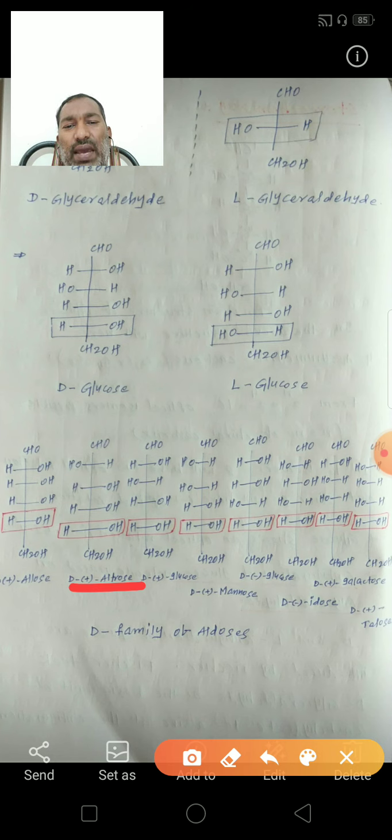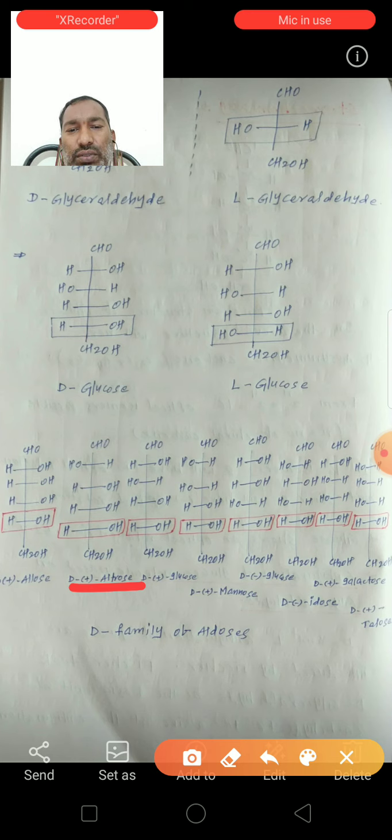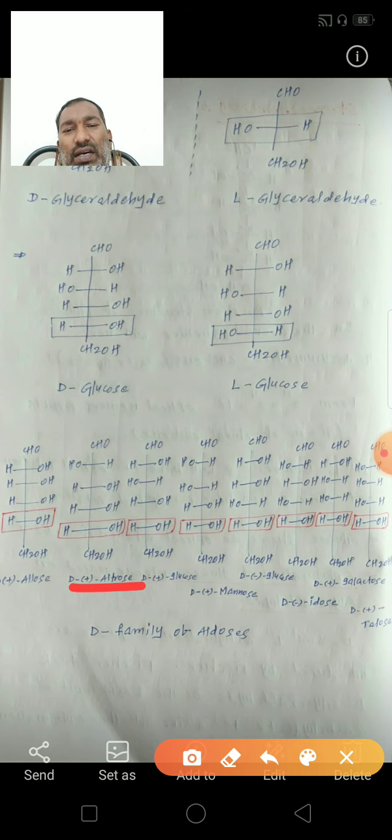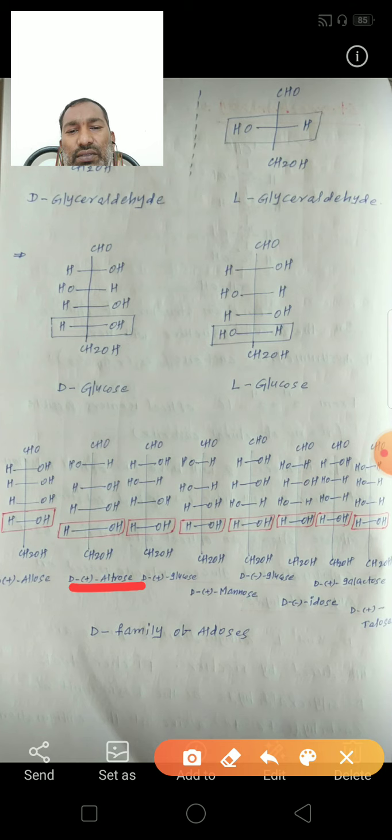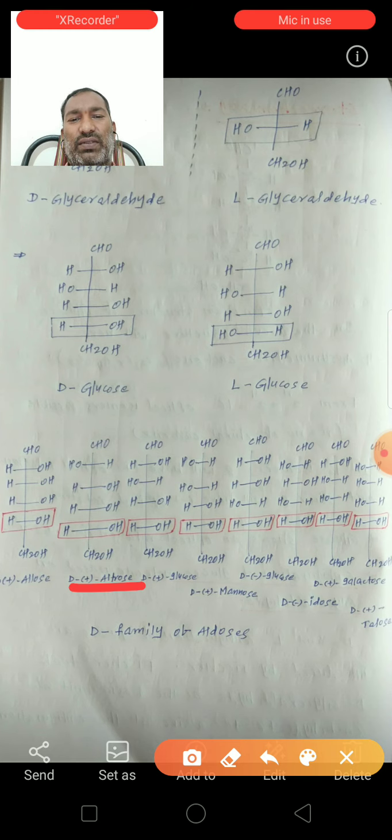Like this, D minus gulose: second carbon OH right, third carbon OH right, fourth carbon OH left, fifth carbon OH right. Then D minus idose: second carbon OH right, third carbon OH left, fourth carbon OH left, fifth carbon OH right.